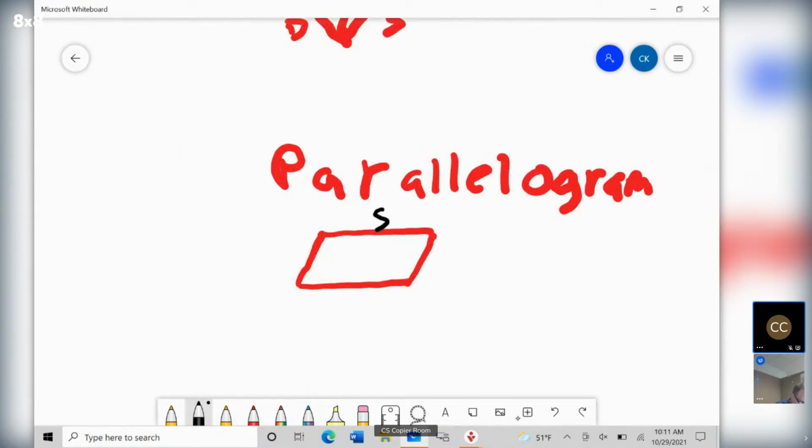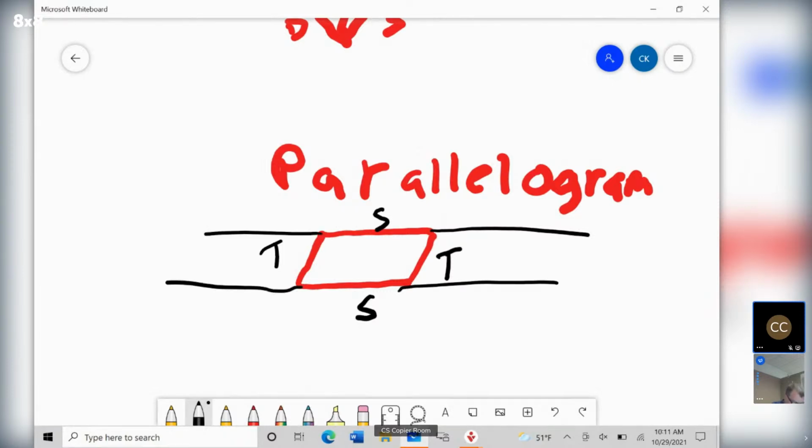So that would be S if that was S. If that was T, that was T. And another thing is the opposite sides are also parallel. So this S would keep running like that and like that. They're going to be parallel forever. And also the T sides are going to be parallel.